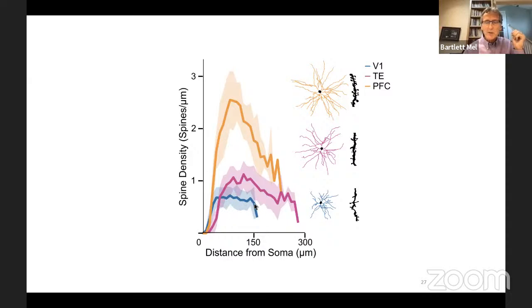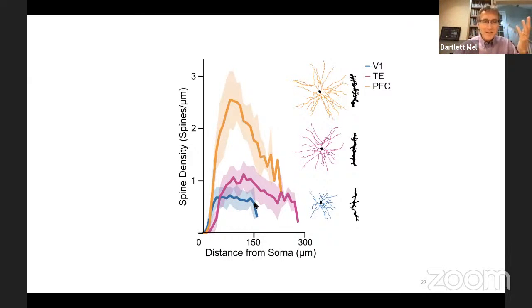At the ends, this is because there are no spines near the ends of these dendrites, so you can maybe ignore those, but there's a very mild density gradient here in V1, and a very pronounced density gradient here in the prefrontal cortex. And we thought, well, that makes sense to us because in the prefrontal cortex, you're more likely to have neurons that have to do binary decision-making tasks, whereas in V1, you'd expect more continuous signal processing tasks, and maybe they are not optimized for binary subunit pooling.